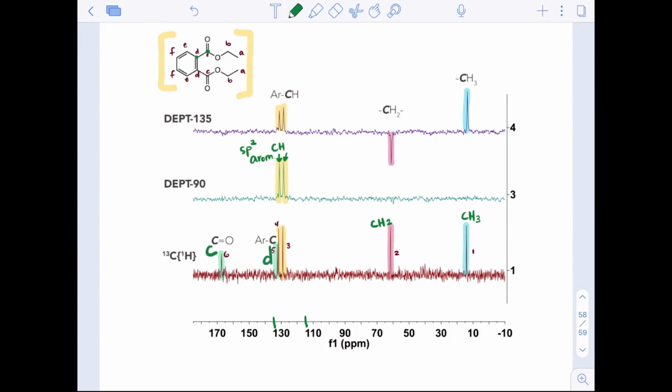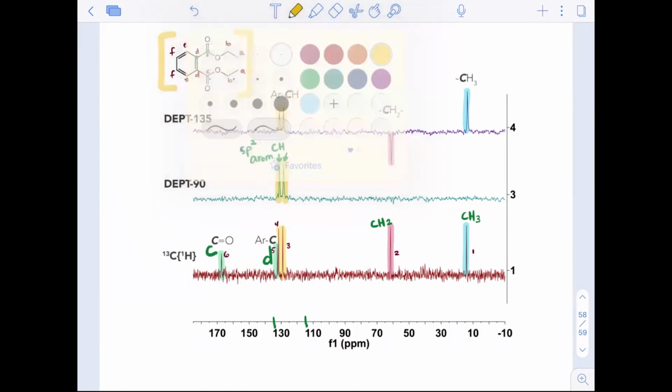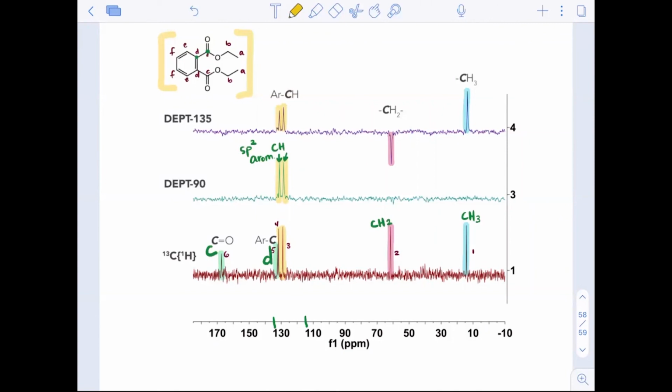Why? Because we know the carbonyl carbon is going to be more deshielded because it's double bonded to an oxygen, and so it should be further downfield, right? Just like we expected. The 2 aromatic groups, E and F, E is probably the one that's closest to the carbonyl. F is probably the one that is furthest upfield, further away from the carbonyl, right?